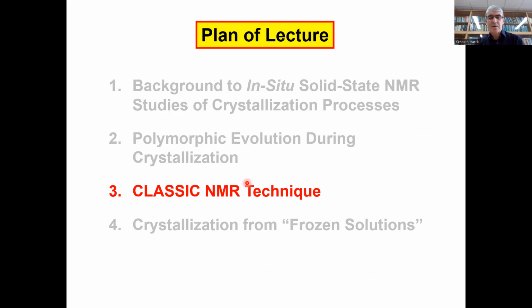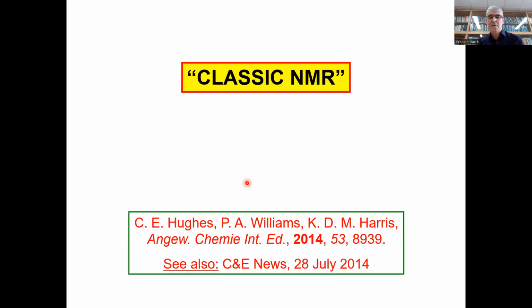Okay, well, what I've described there were our early studies where we focused on measuring the solid state NMR spectrum and mapping the changes as a function of time during crystallization. What we then realized is there's actually a much more informative way of doing this experiment, and this is called classic NMR. So classic doesn't mean that it's old or ancient.